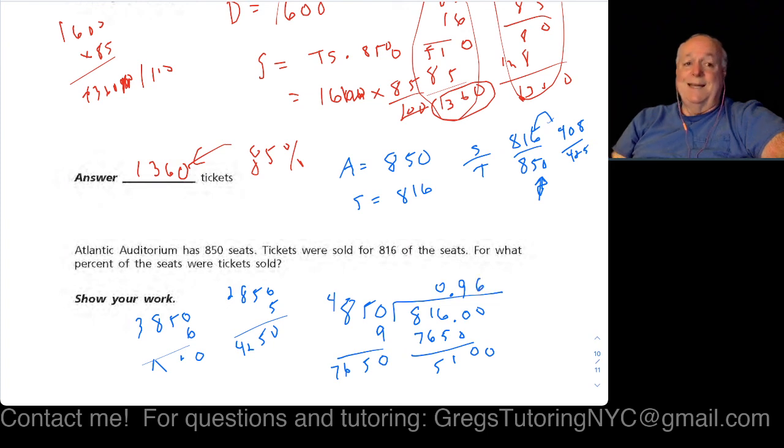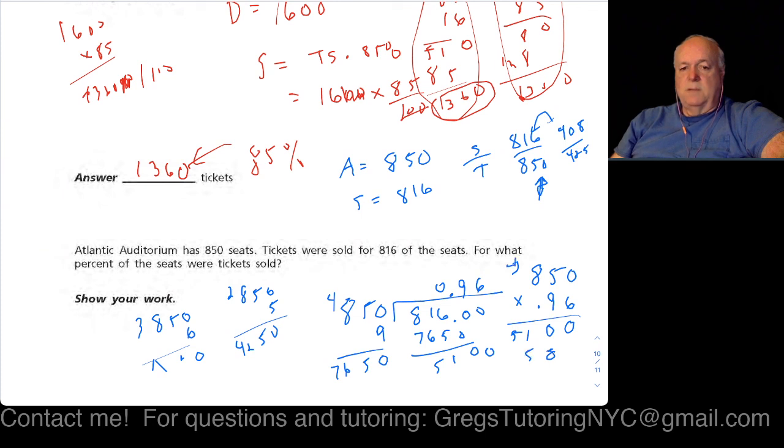Okay, we can go on the side and double check that, because 850 times 0.96. 6 times 5 is 30, 0, 3, 48, 51, 9 times 0 is 0, 45, 4, 72, 76.